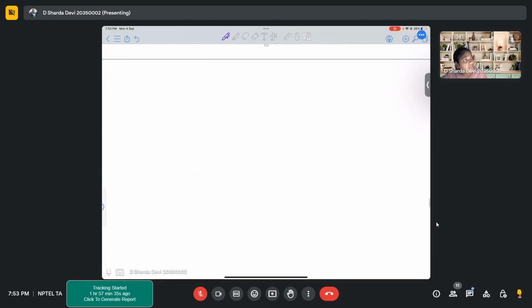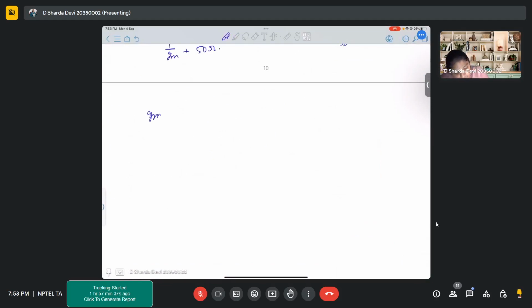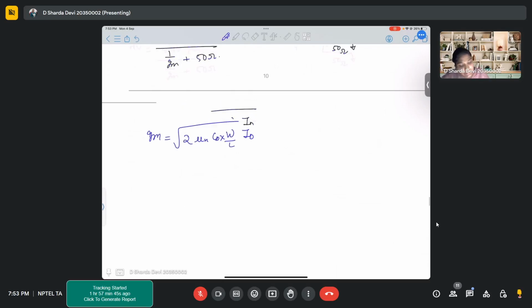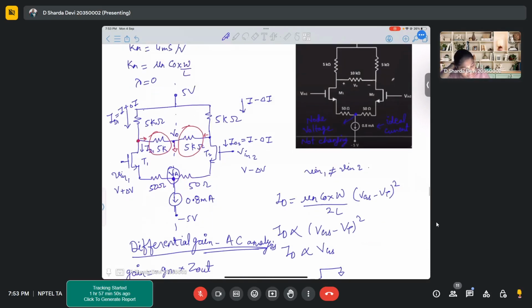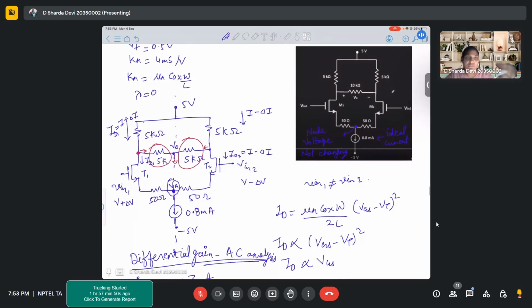So gm, we know, is root over 2 mu n Cox W by L into ID. Now here, if we observe this particular circuit, this 0.8 milliamperes current is a constant current. When we say that both the circuits are matched, this is a DC current, so it will always remain constant.